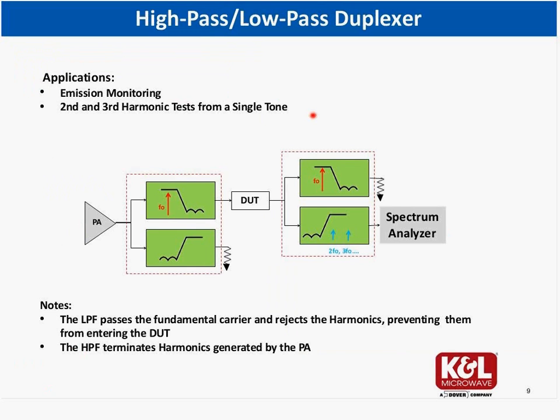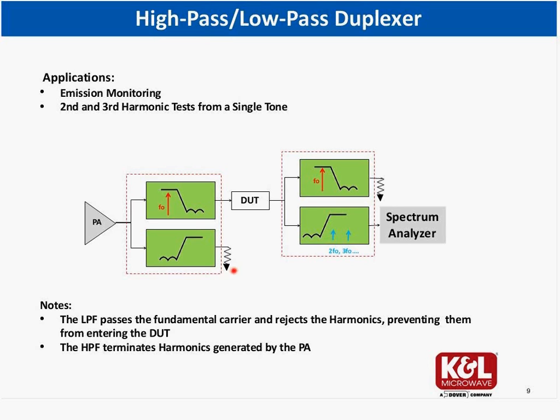Another element that was in the previous diagram was the high-pass, low-pass duplexer. One application was the emission monitor application. The second application is the second and third harmonic test. We have a PA, we have a device under test, and we would like to inject a high-power single tone and see the second and third harmonics through the spectrum analyzer, using high-pass, low-pass filters.